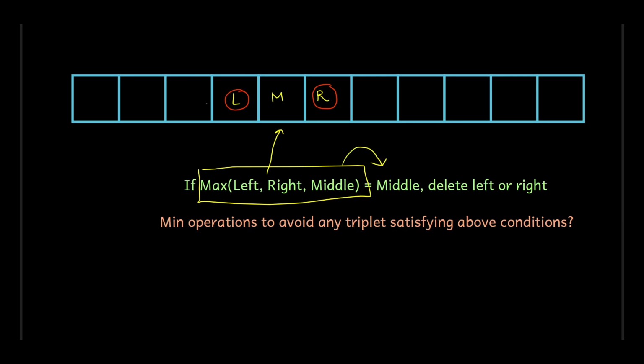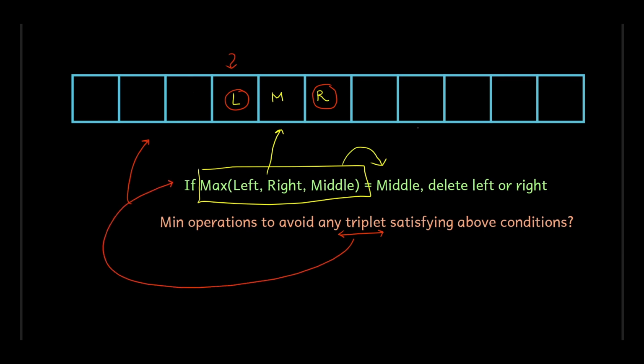And after this element is deleted, this and this get closer. So this block is removed completely from the array. So your goal is that given an array, you have to figure out how many operations you will have to do, so that at the end of all the operations there are no such triplets that satisfy this condition.